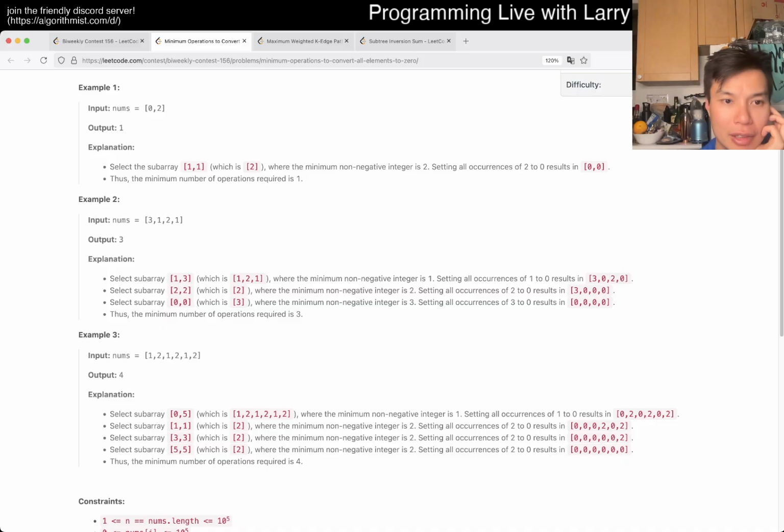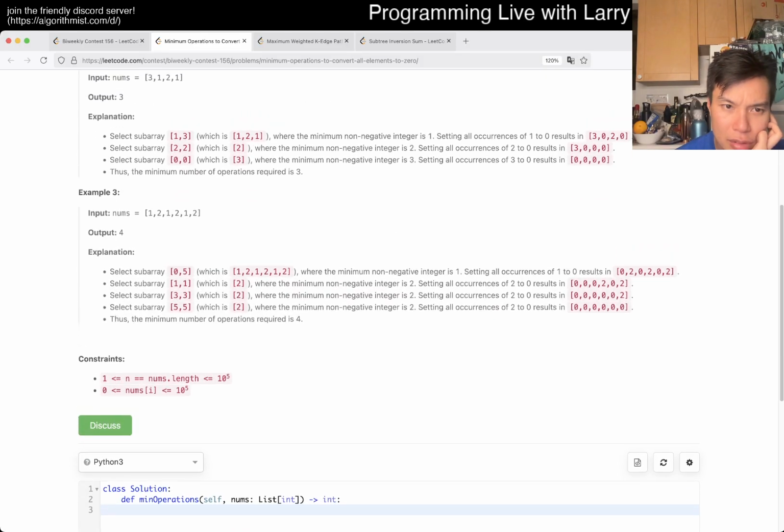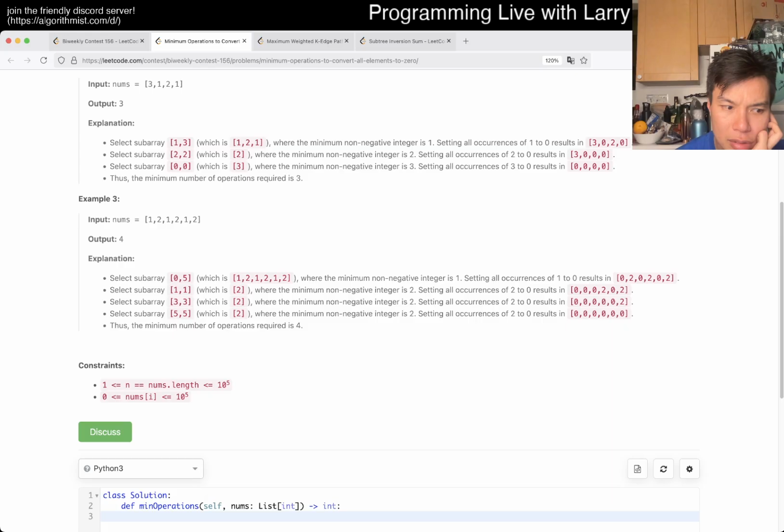How do we make it not n square? Basically you save moves within each of them.